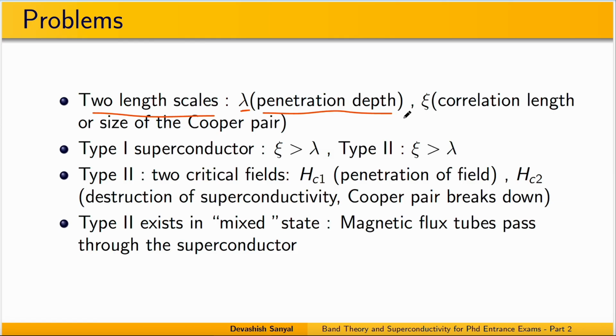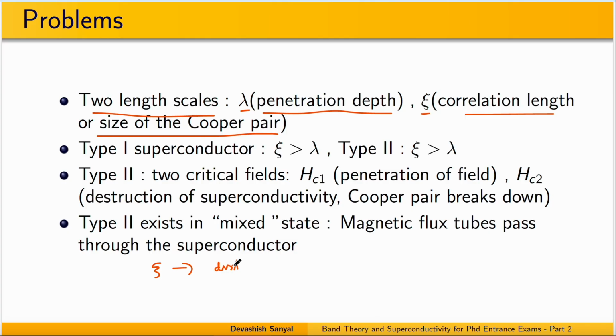Another important scale is the correlation length, given by psi. Correlation length is the size of the Cooper pair. We know that superconductivity exists because two electrons become paired or correlated.